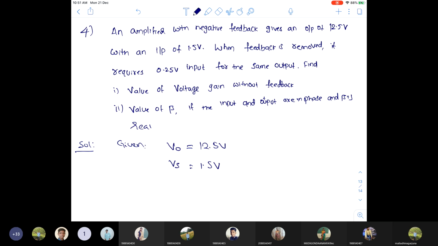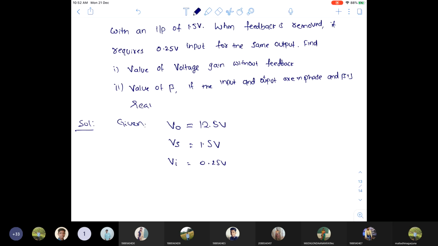When the feedback is removed, it requires 0.25 input. Without feedback, Vi is equal to 0.25 volts. With feedback input is Vs. Without feedback input is Vi. For the same output, find the voltage gain without feedback.